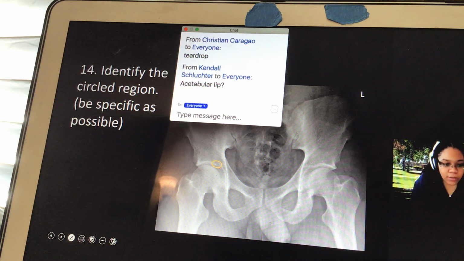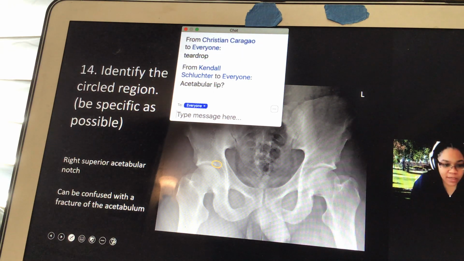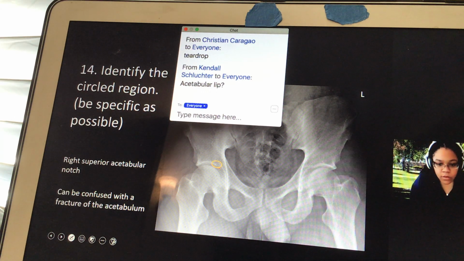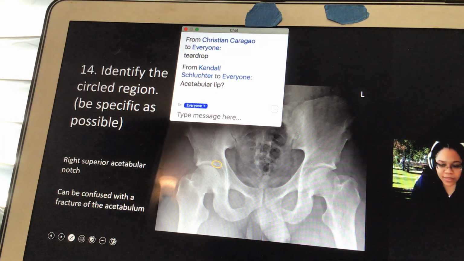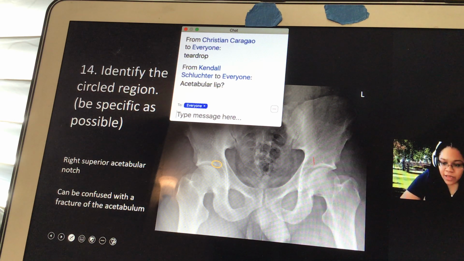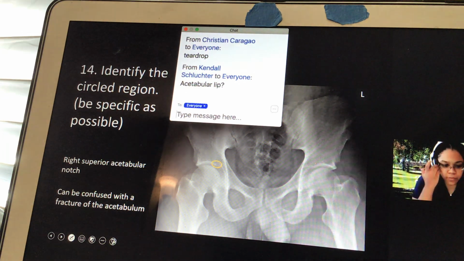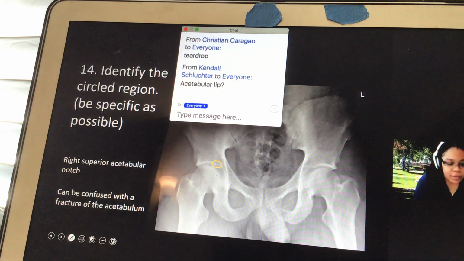So this is what's known as the acetabular notch. You won't see it all the time, but it depends on how the patient is positioned. Because I don't really appreciate it on that left side. Just know it can be confused with a fracture, so it's simulated pathology.